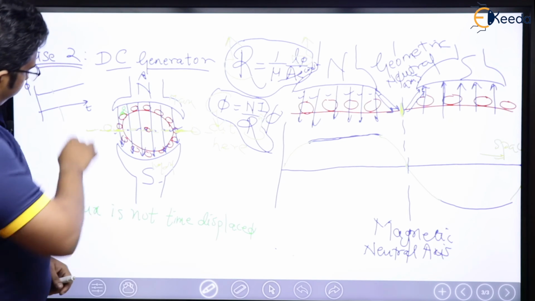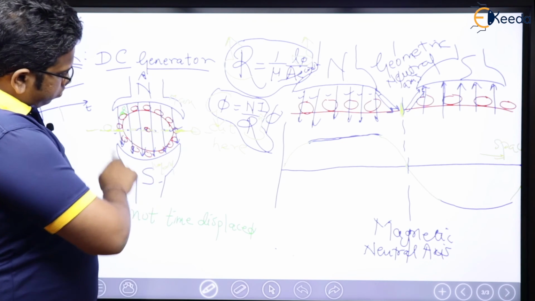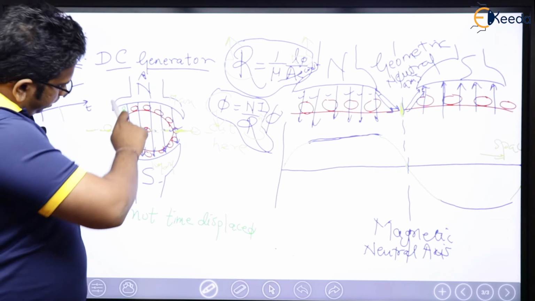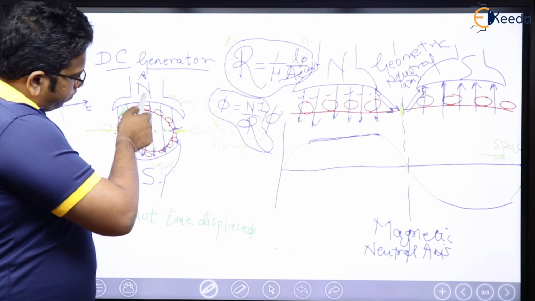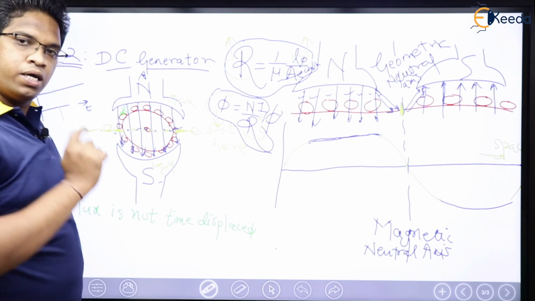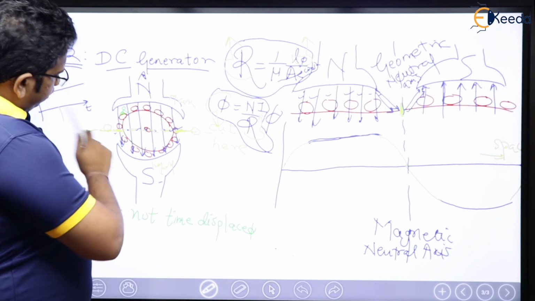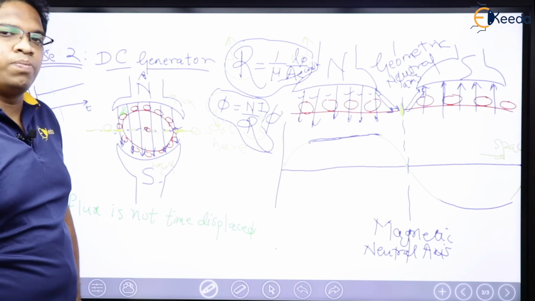Now, the moment time is stopped, I am going to move through this air gap. What will I find? Here I will find maximum flux, here I will find 0 flux, here I will find negative maximum flux, here I will find 0 flux, which means flux is space displaced.